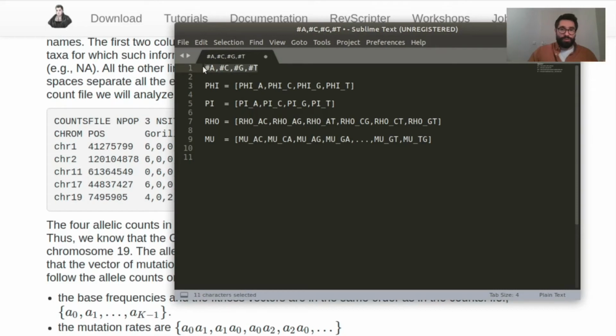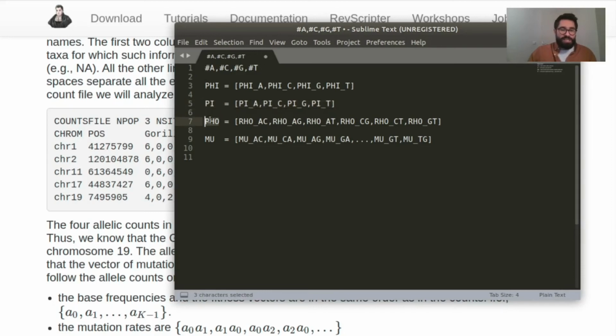So this is the order of alleles that I have in my allelic counts, and immediately I know that the vector of fitness coefficients will follow this order. So at the first position, the fitness coefficient will be relative to the A allele, and the last one, for example, will be relative to the T allele. The same thing happens to the base composition or the base frequencies pi. They follow the same exact order as in the allelic counts.